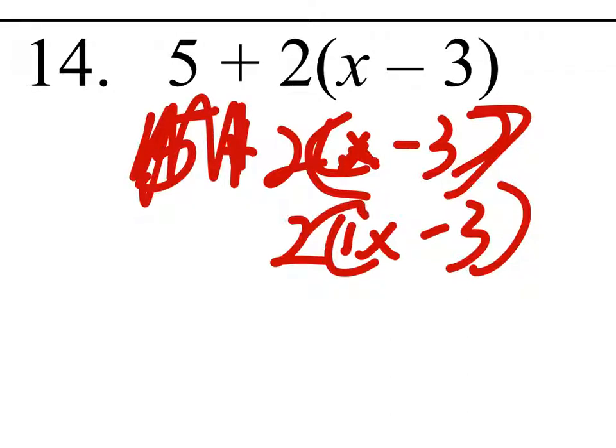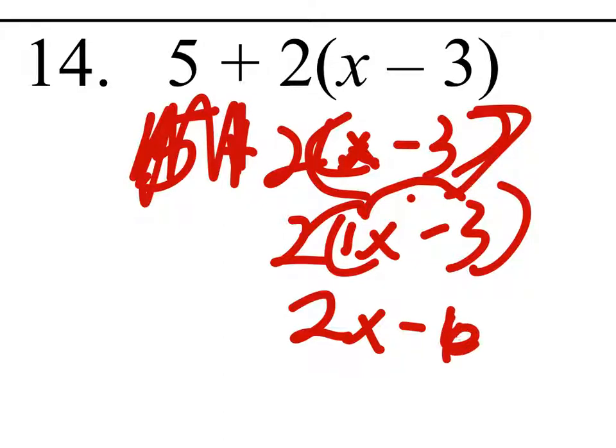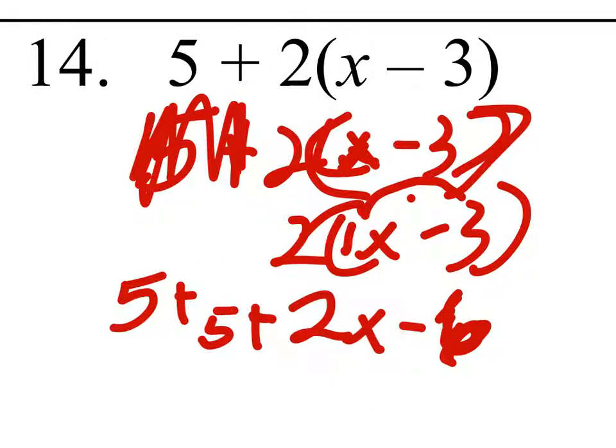And if you multiply that and that, then you can get 2x minus 6. And then now you're gonna have the 5 back, so 5 plus... Anyways, you got that.